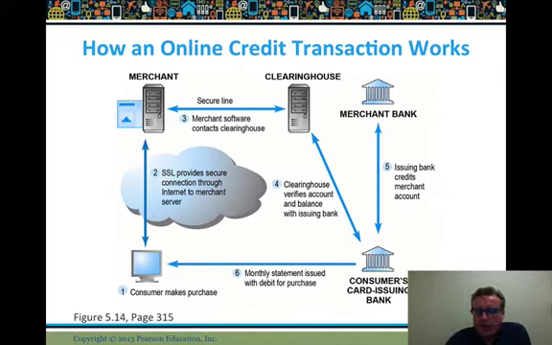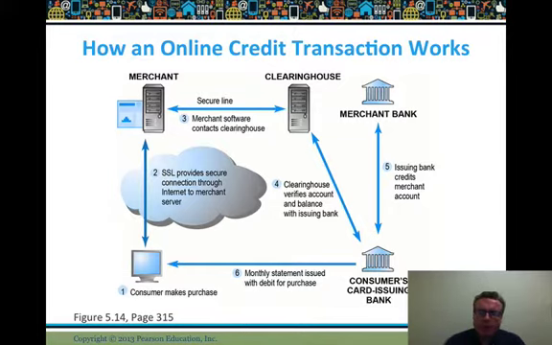A little bit more detail on how an online credit transaction works. In this case, really focusing on security, secure lines. You'll see in item number 2, this SSL encryption from the consumer's computer through the Internet Service Provider to the actual online merchant.